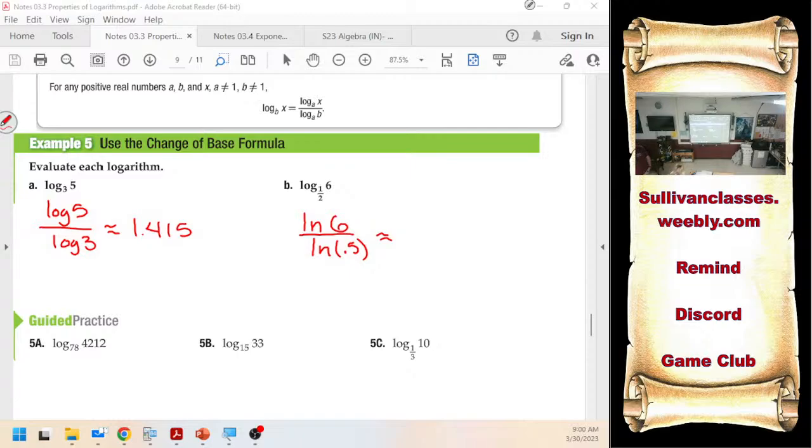You could choose to use log base square root of 6 if you wanted to every time. Well, that kind of defeats the purpose because you're using the log base button to not use the log base button. But, yeah. Because you can choose. As long as you're using the same log, numerator and denominator, you get to choose. This is the exact same as log of 6 over log of 1/2. They are the same.